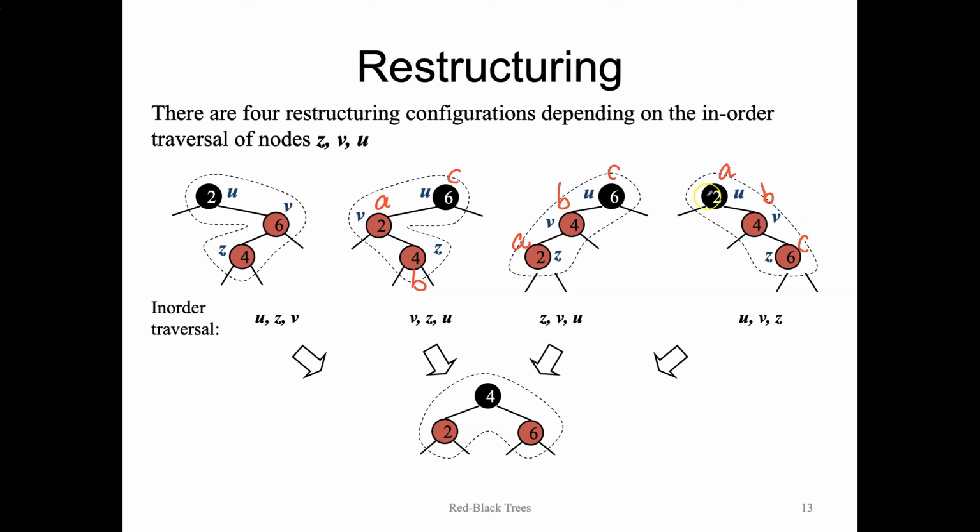And however we had labeled them, we're going to set that B is the root, restructuring our tree. B is the root, we color it black. A is the left child of B, we color it red, and C is the right child of B, we color it red. Right? And then we carry those subtrees.